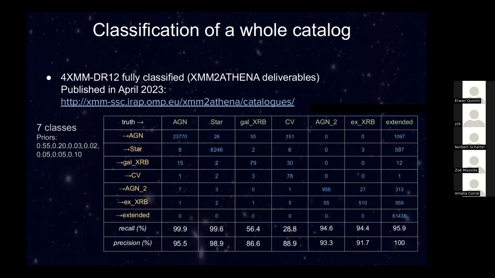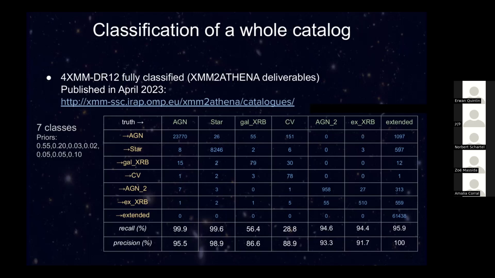And so you have 7 classes. You have 2 classes for AGN, depending on the presence of information, basically if the source overlaps a GLADE galaxy. You have stars, you have galactic X-ray binary, but also extragalactic X-ray binary. You have cataclysmic variable, and you have extended source.